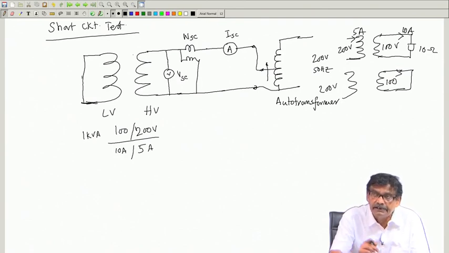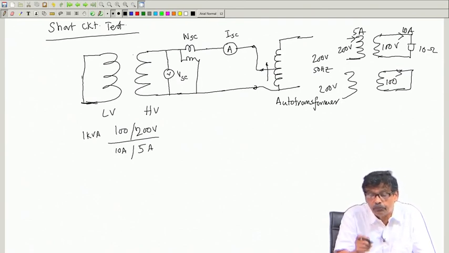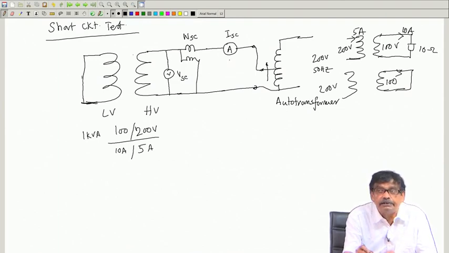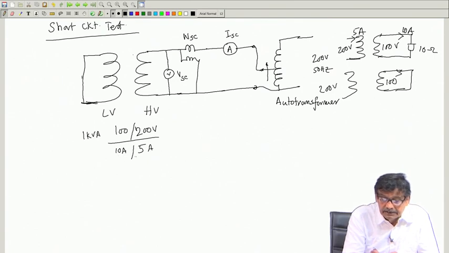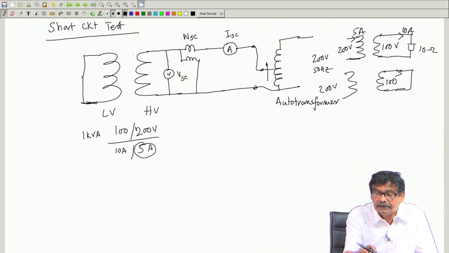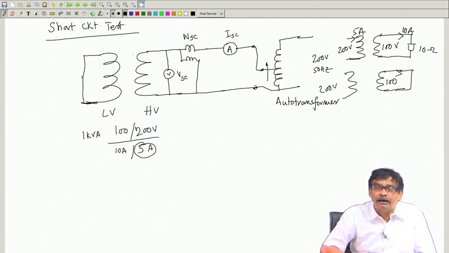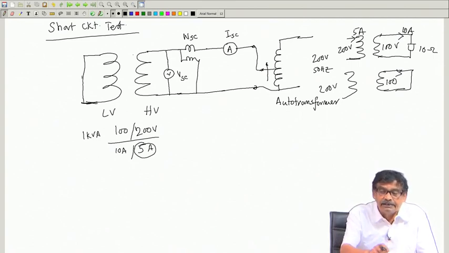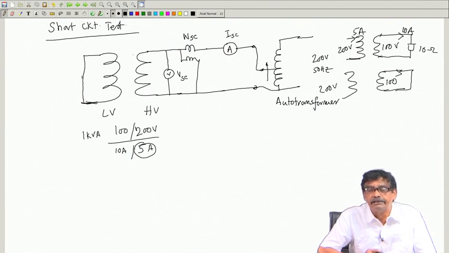You go on increasing it, but keep a strict watch on the ammeter reading. The moment the ammeter reading is 5 ampere, I will stop further increasing this pointer, because that is the maximum voltage you can apply, ensuring that the currents in the windings will not exceed the rated current. That is the whole idea.